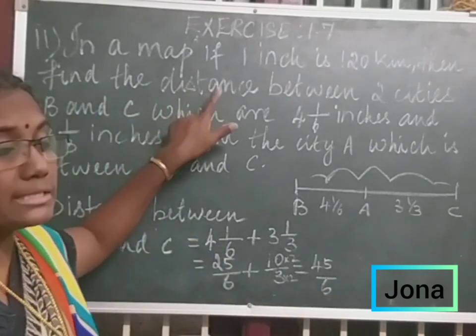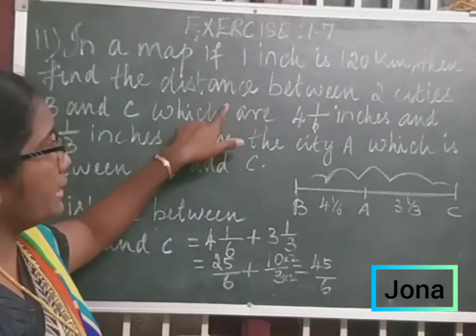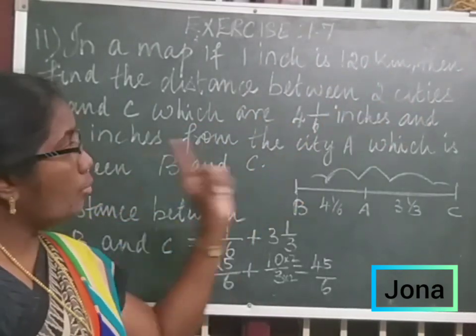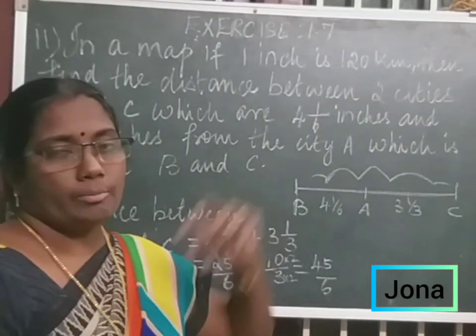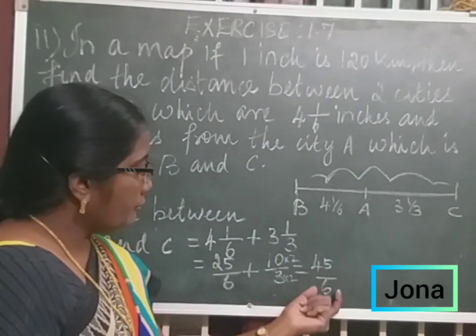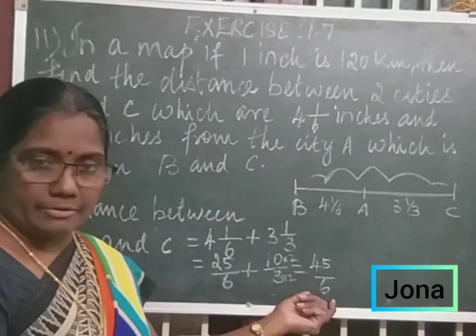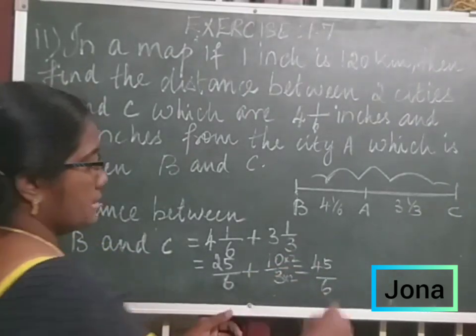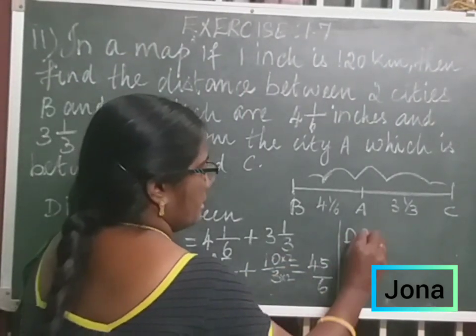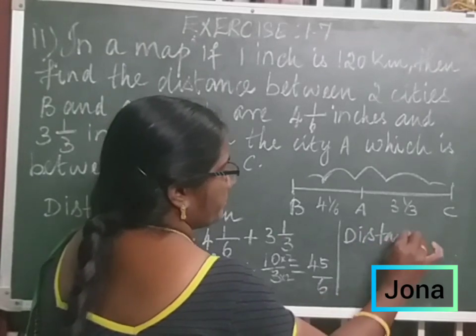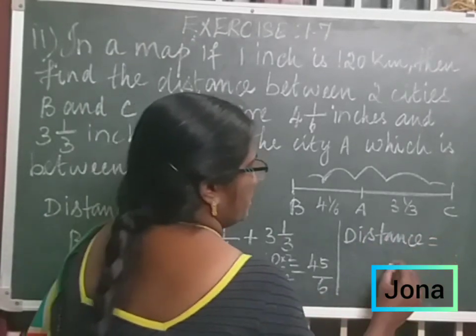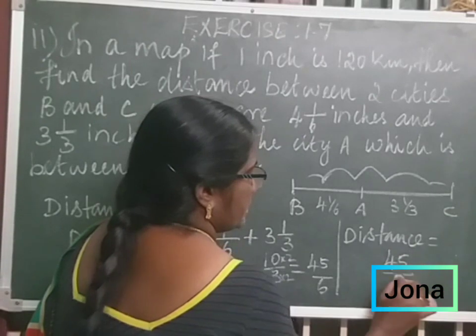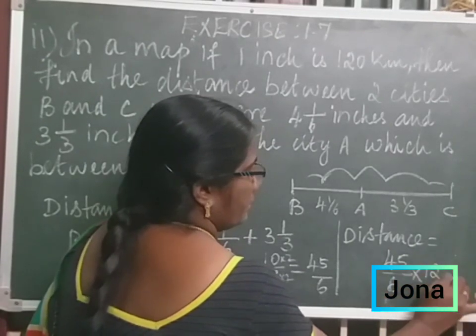But we want to find the distance, so it must be in kilometers. Here 1 inch refers to 120 kilometers. So 45/6 inches, what do we have to do there? The distance is equal to this 45/6 into 120.